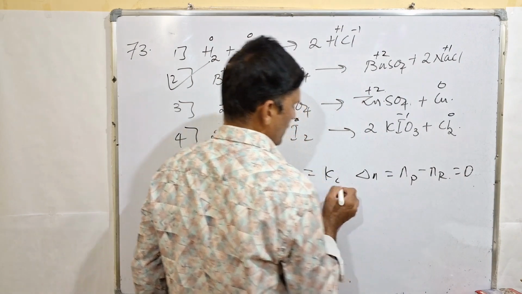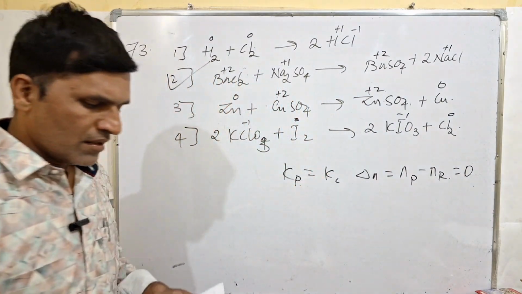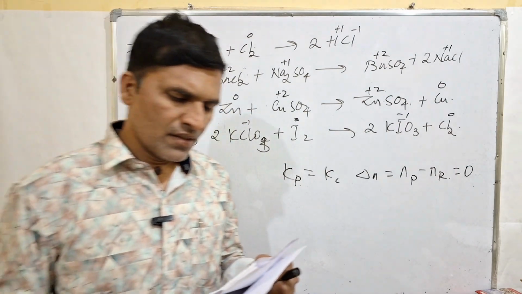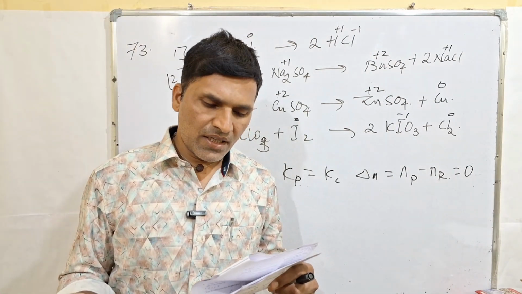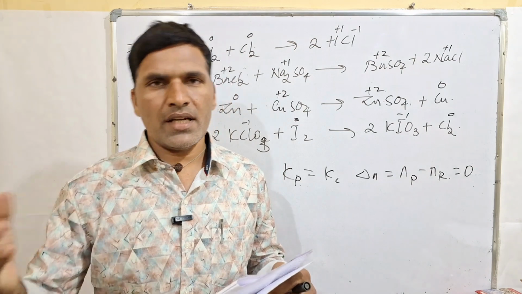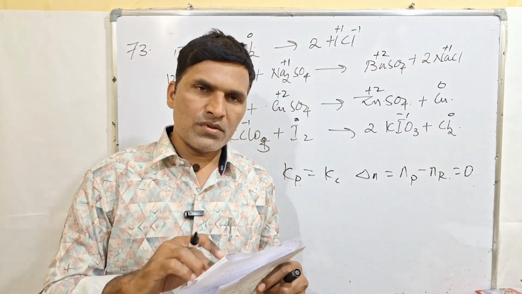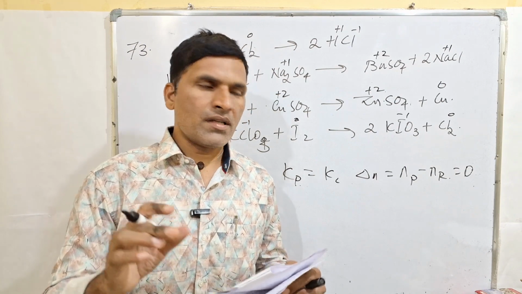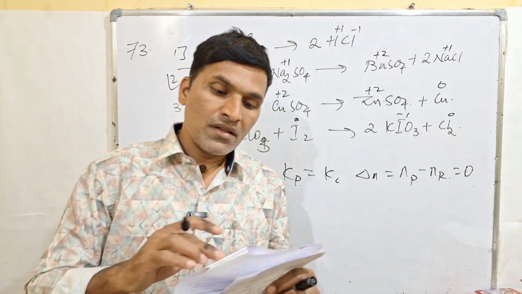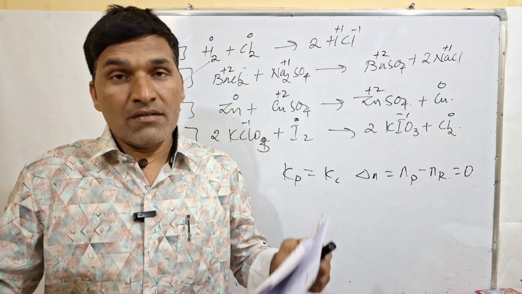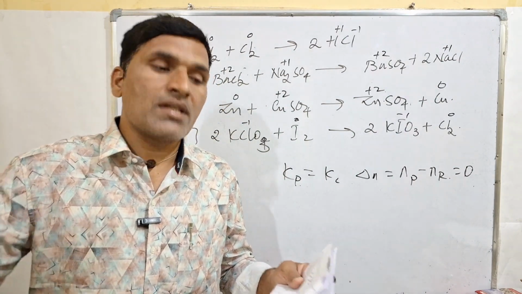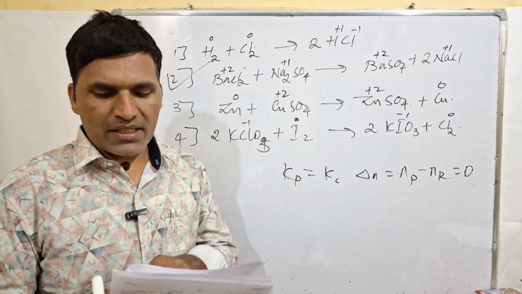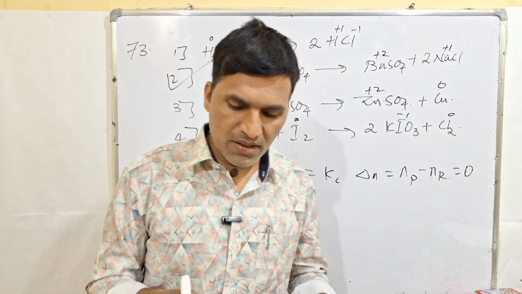So CO gas combines with H2O gas to give CO2 plus H2 gas, means 2 moles of reactants, 2 moles of products. Kp is equal to Kc. The question is, which equilibrium has Kp not equal to Kc. So 2 moles of reactant, 2 moles of product, therefore Kp is equal to Kc.